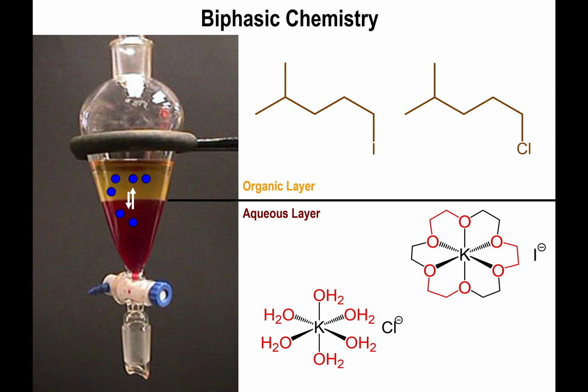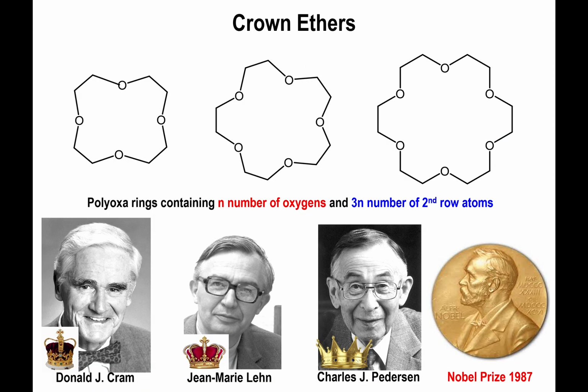And so this is the way in which this aids synthesis, and it's a very clever way because now you can do biphasic reactions, which may have incompatible solubility for some of your reagents, but now you allow the compatibility to take place by introducing the crown ether that has this dual effect. It serves as the chaperone, if you will, for the iodide.